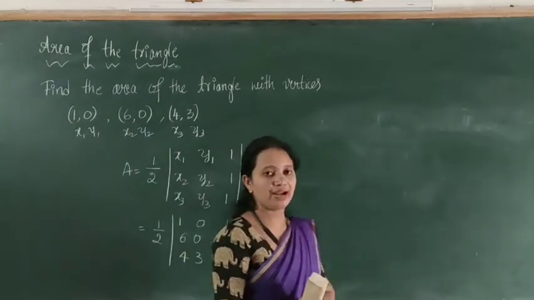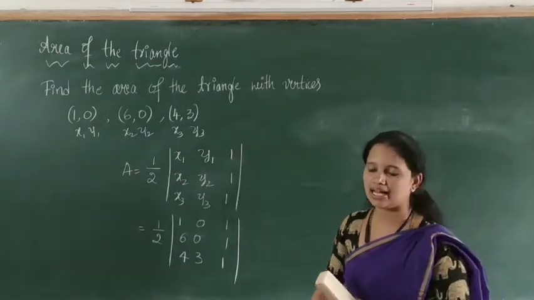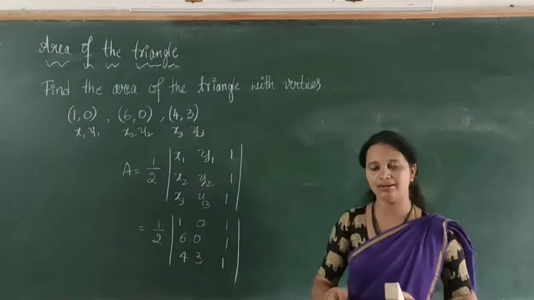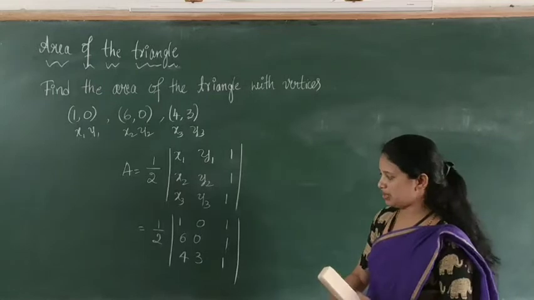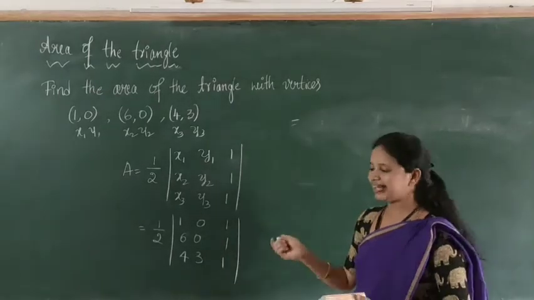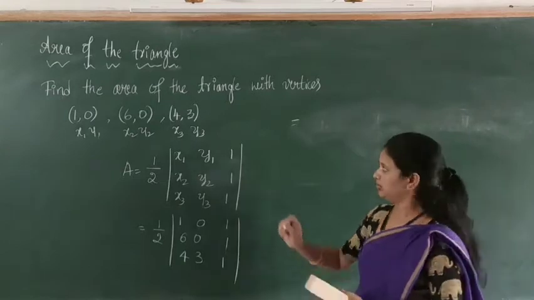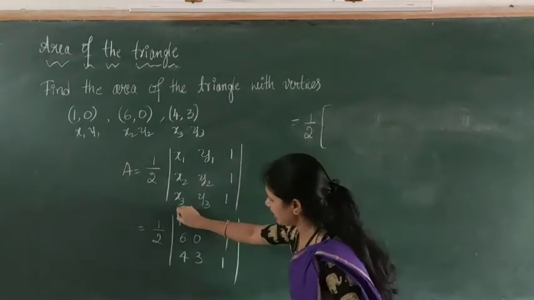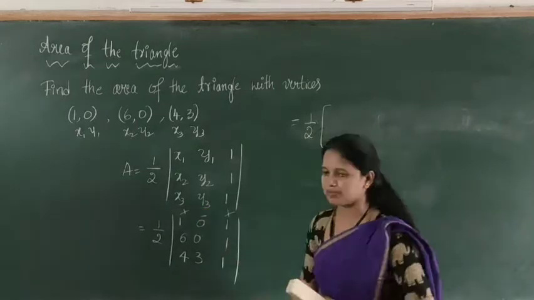Now we have to expand the determinant along a row or column. Take the row or column which has the maximum zeros. Here I am taking the first row. You may take any other row or any column. So half into, the signs are plus, minus, plus.